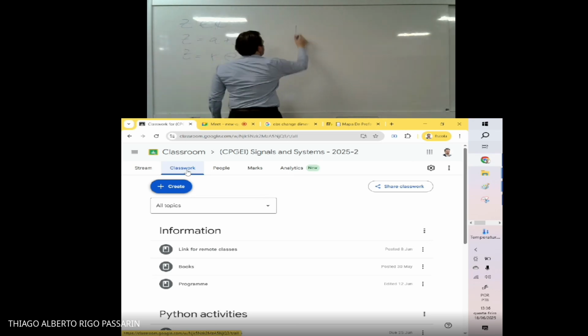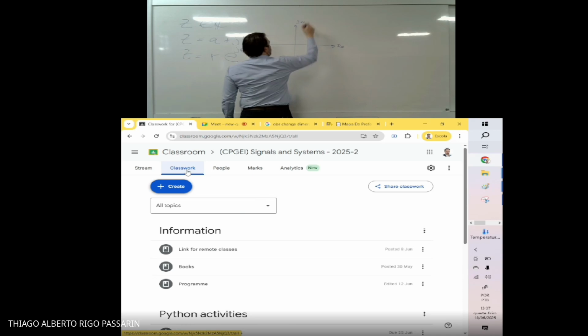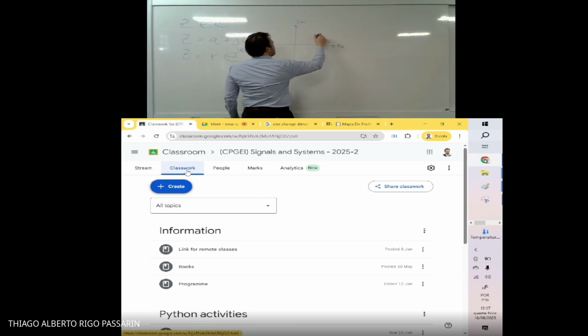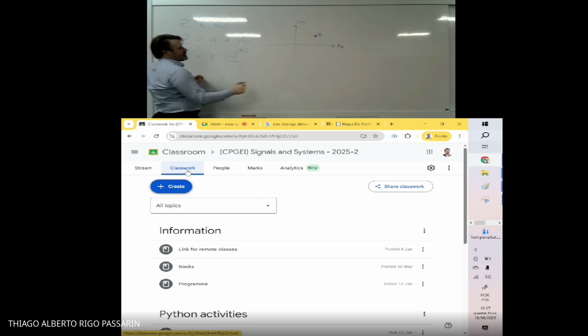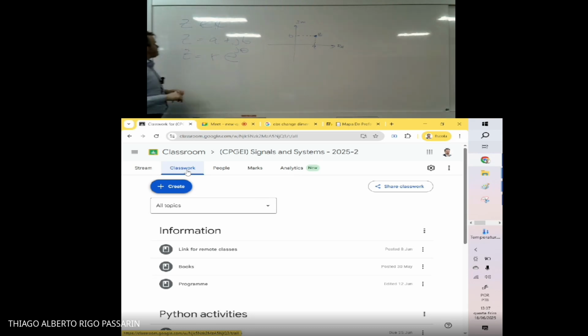So we have the complex plane, real and imaginary, and my number z can be anywhere here. Let's say it's here, for instance. So you might remember that if we're using this notation, it means we have A here, B here, right?